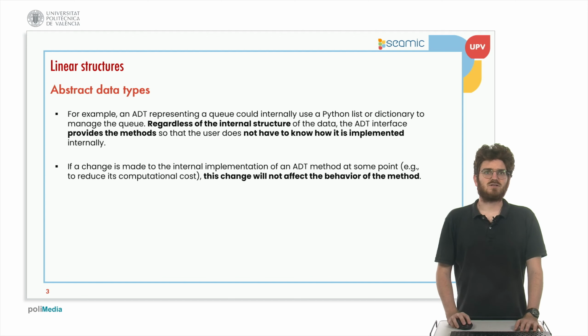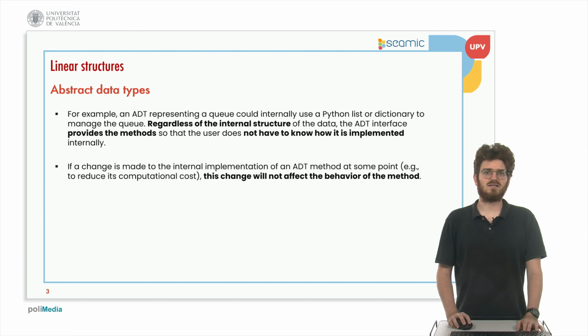If we use abstract data types, we can ignore the internal implementation of the data structure. For example, we do not care how elements in a list are stored in memory, just the external interface we have to interface with the list. So, for example, how we can append an element to a list or pop an element from it, or just check whether a list contains a given element.